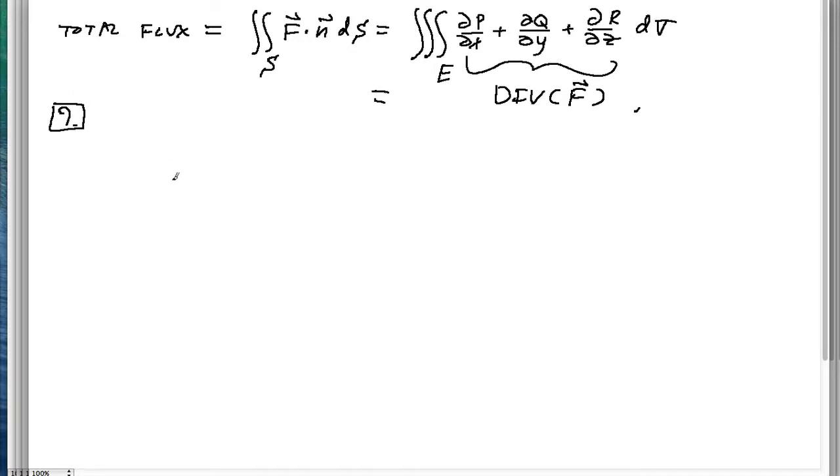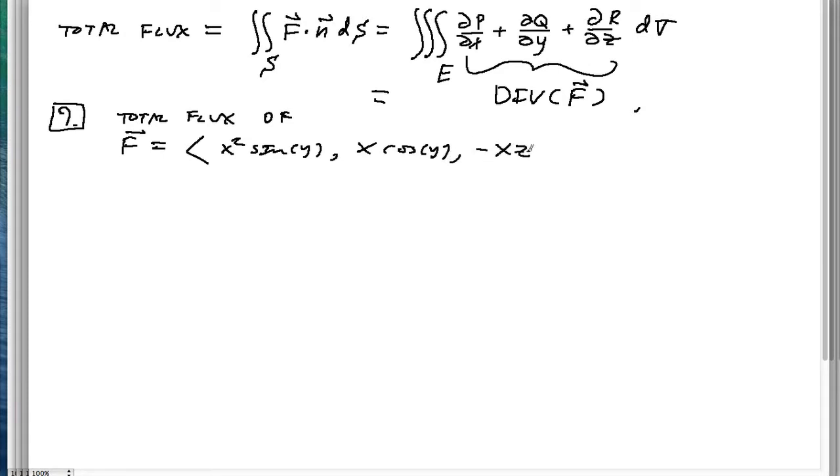Okay, so let's start with an example. We want to find the total flux of F, and I'll write down F. It's going to be the vector field x squared sine y, x cosine y, and minus xz sine y.